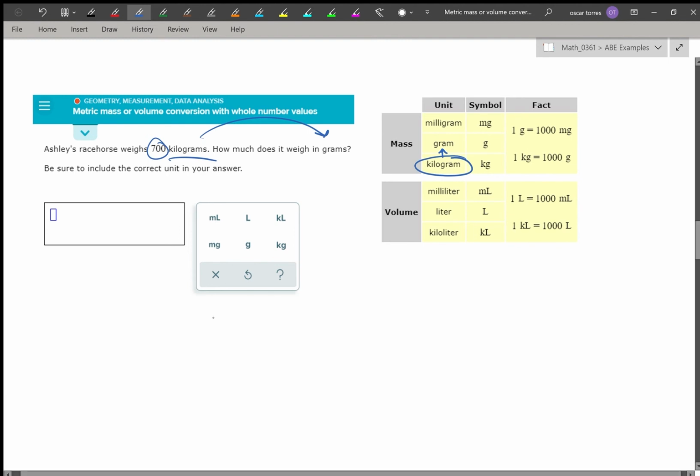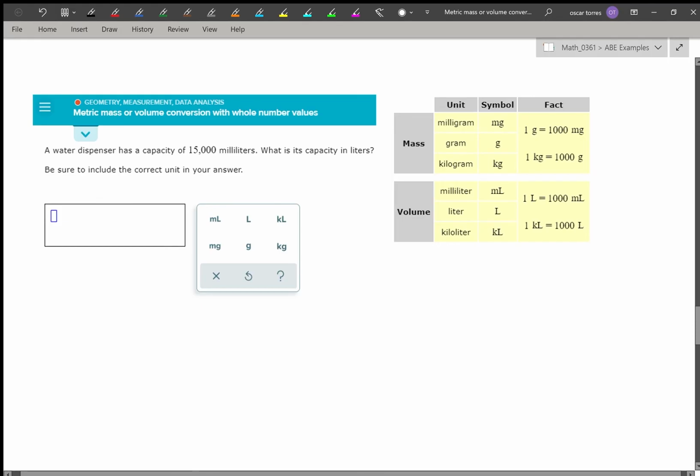So in this case, we start at 700 and we're going to multiply that by 1,000 to turn it into grams. 700 times 1,000 ends up giving me a 7 with 1, 2, 3, 4, 5 zeros. And we end up getting 700,000 grams as my final answer.